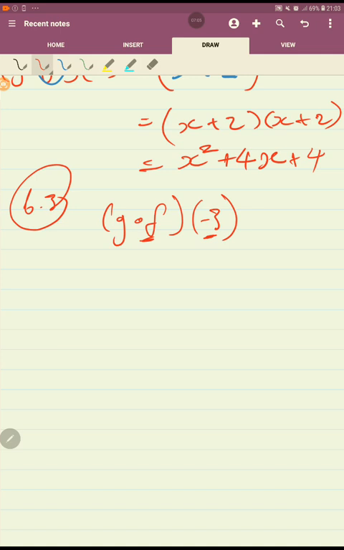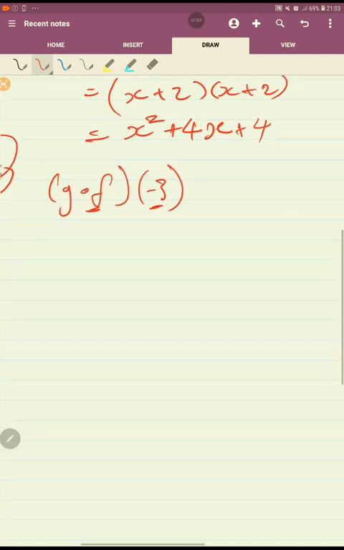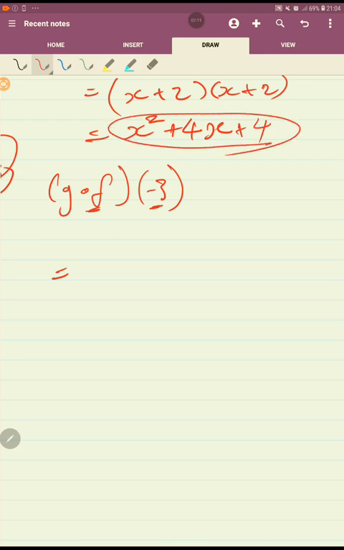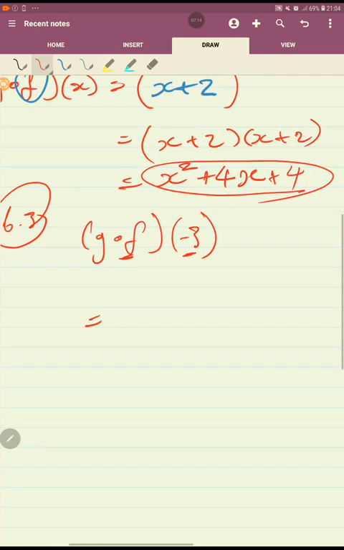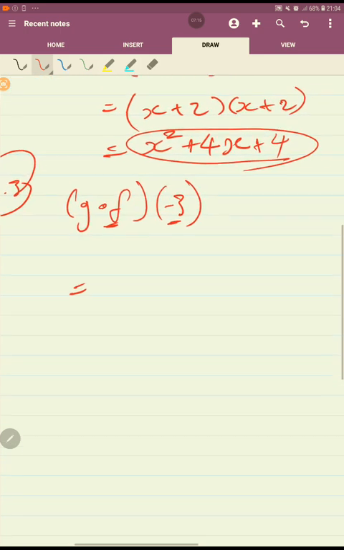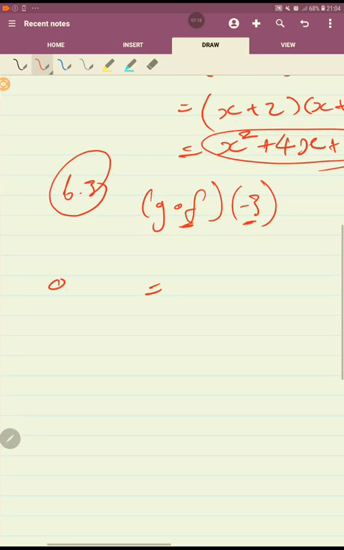It's the same as this equation, but the values are going to be very different. So we have g, then f, negative 3.